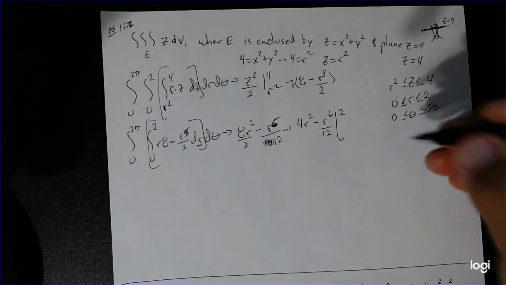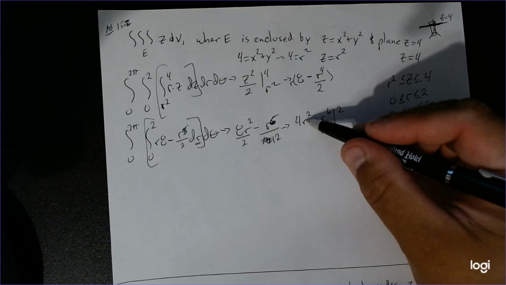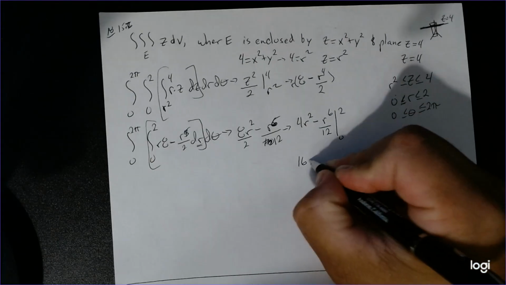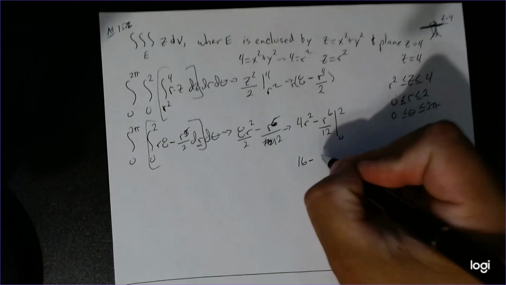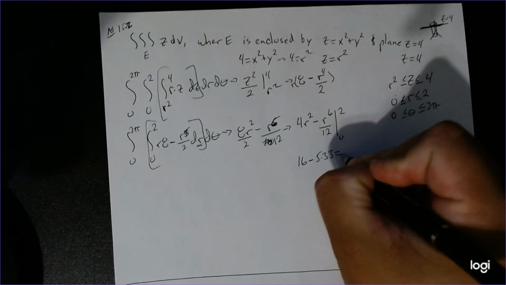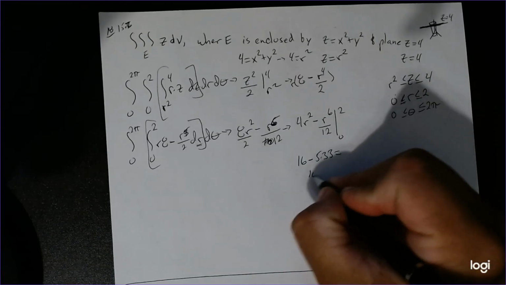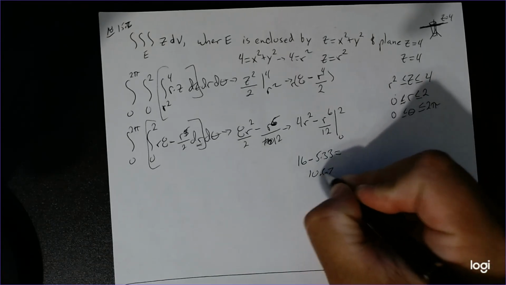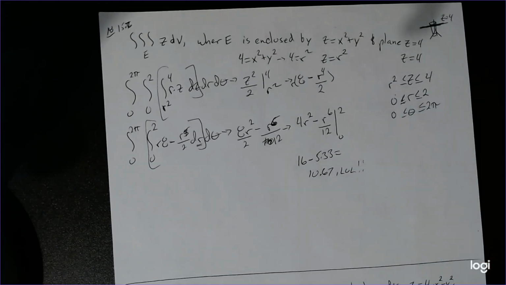All right, so again, plug in, so 0 goes away, so my answer is 4 times 4, that's 16, minus 2 to the 6th power divided by 12, it's 5.33, so let's say 10.67. Okay, so again, we get a number.